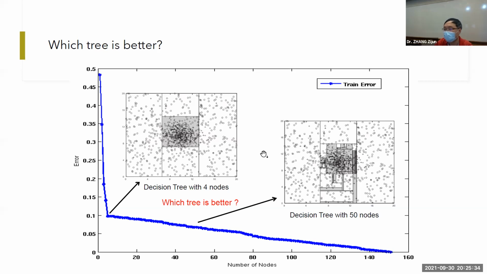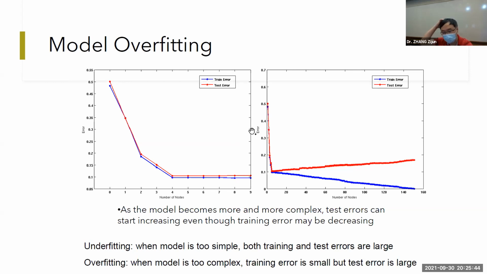Based on trial and error, we cannot obtain further information to support our decision or to make any further judgments. Then we need to deploy our tree on the testing data. If we look at the tree with the first 9 nodes, at the beginning the error dropped significantly in both training and testing, until node 9.